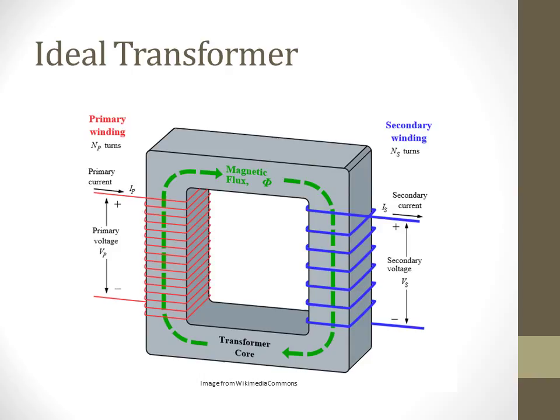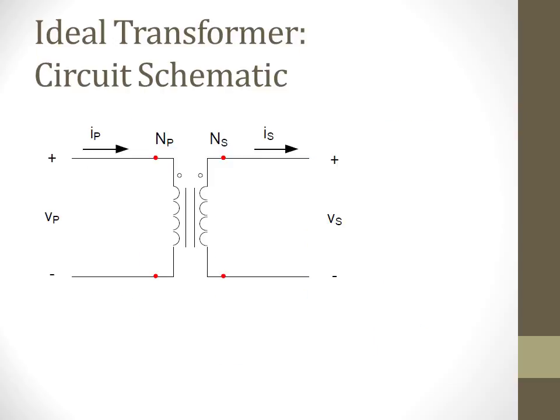As you can see in the figure, there are NP number of turns on the primary winding and NS number of turns on the secondary winding. This slide shows you the circuit schematic of the ideal transformer.